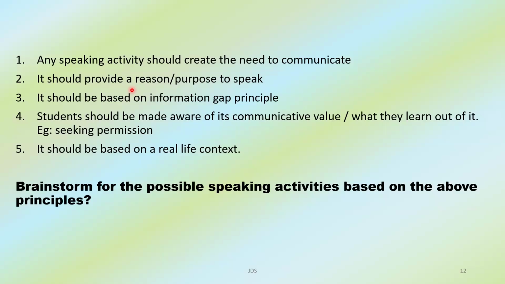And you are putting them into pairs. If they are good friends, they will definitely know the birthday of the other person. So there is no reason or purpose for them to speak. Instead of asking for the date of birth, they might speak something else. So you can't blame the child. The mistake is with the task, with the teacher, right? So she should have given some other context or some other situation for them to speak, right?